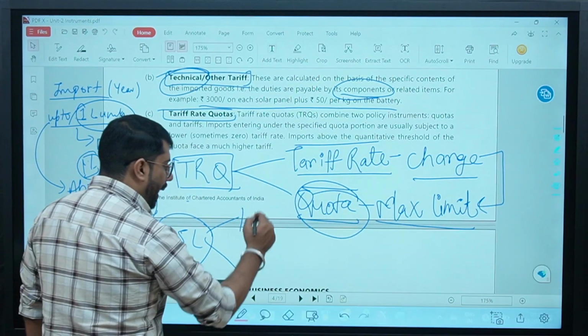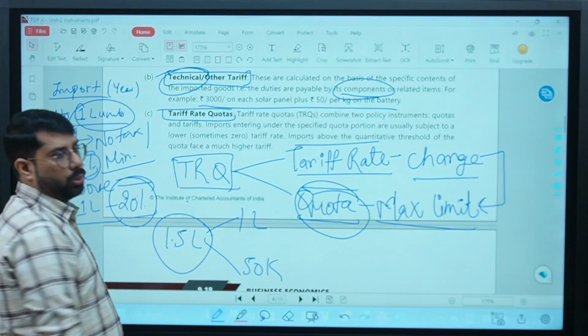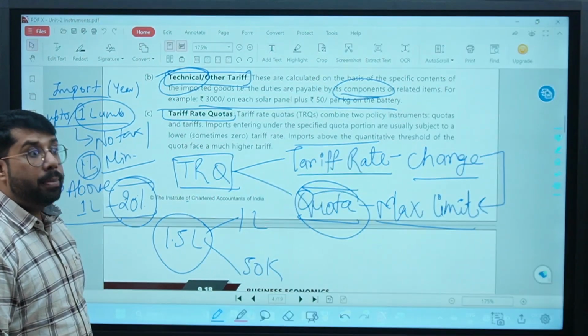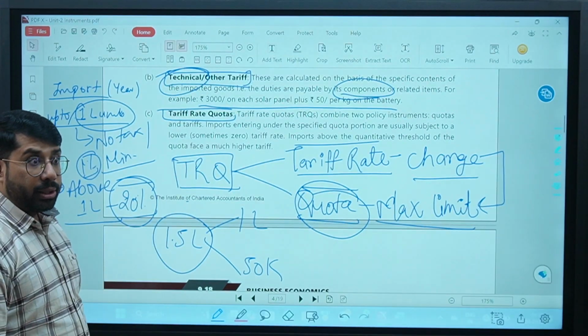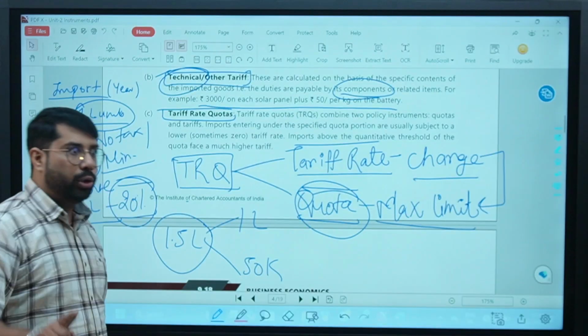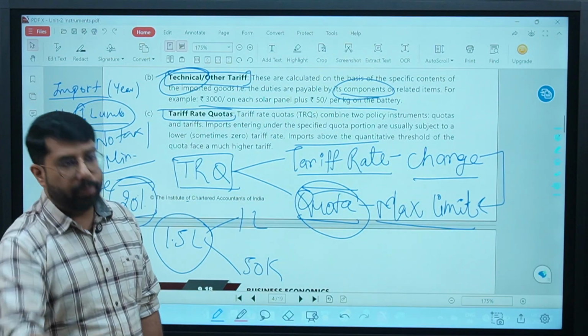So up to 1 lakh it will be 1%, and excess units will be 20%. This could be the situation. Or the government might say that up to 1 lakh I am not charging you any tax, but the moment you exceed 1 lakh units, I will charge 20% of the total value of the goods you are importing. That could be the case. It depends upon the policy of the government.